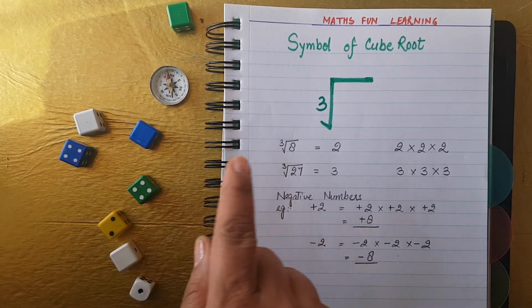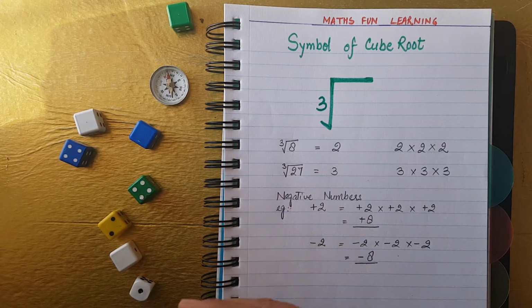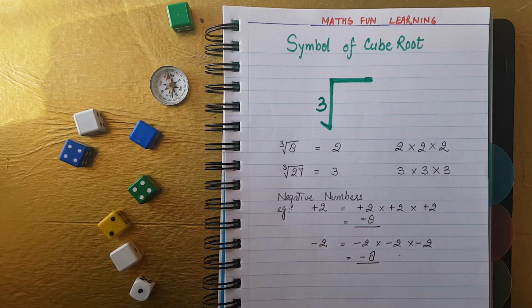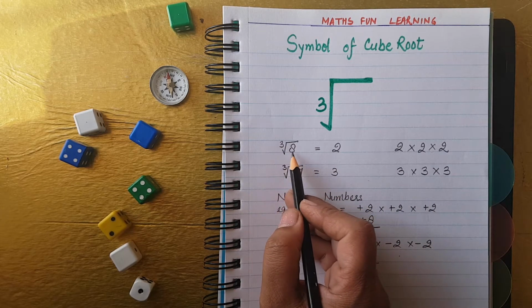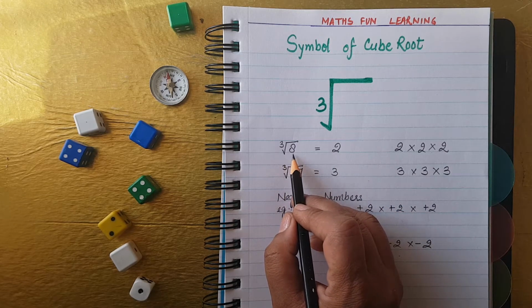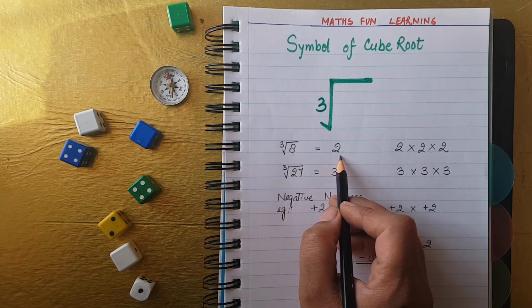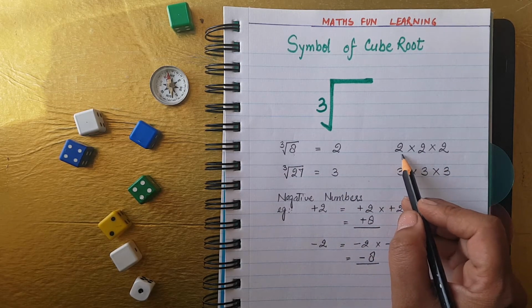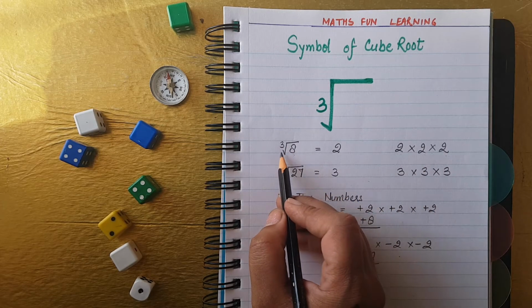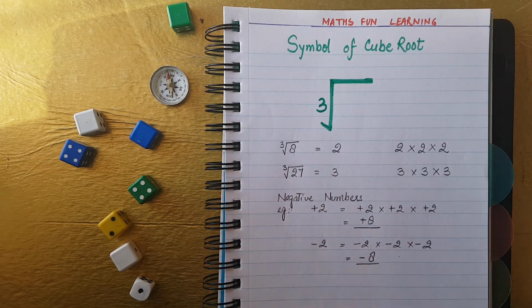Just now we found the cubes of natural numbers. Here we have to find the cube root of 8. You already know that the cube root of 8 is 2. Just now we did 2 times 2 times 2. We used 2 three times. So 2 is the cube root of 8.